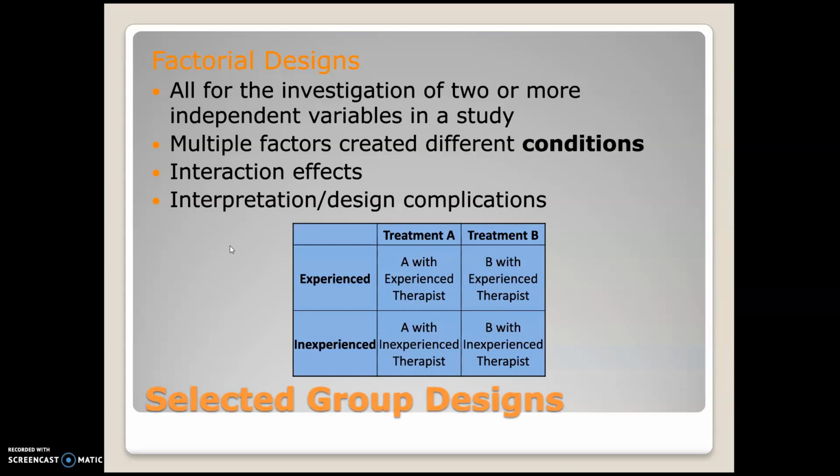Basically, we're looking for an interaction between treatment type and level of experience in the therapist. It forms this little four-box square, and it allows you to say, what we see here is, in fact, an experienced therapist is going to be better with treatment B, but the next best option is an inexperienced therapist with treatment A.